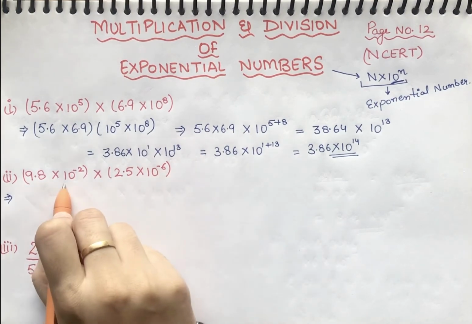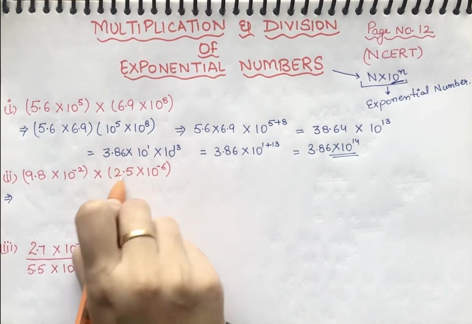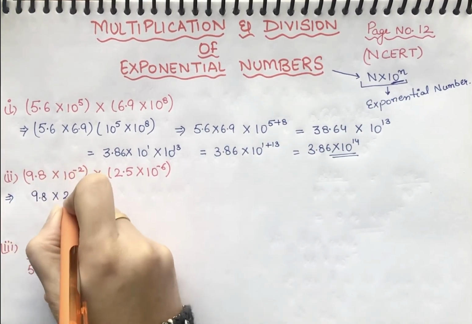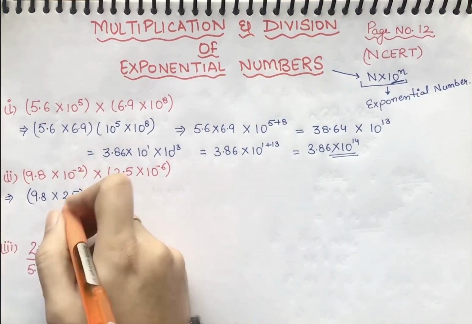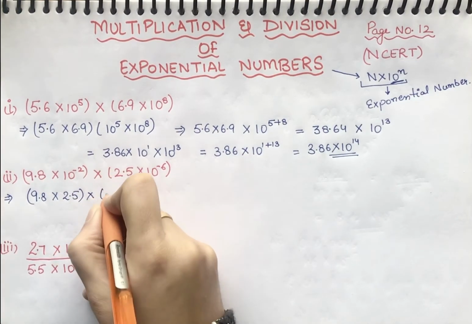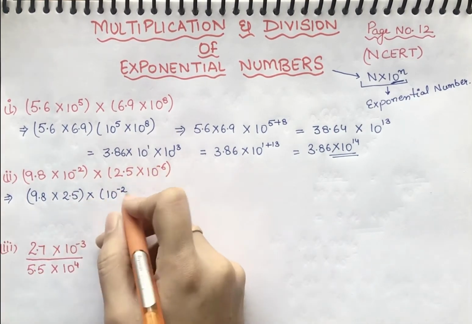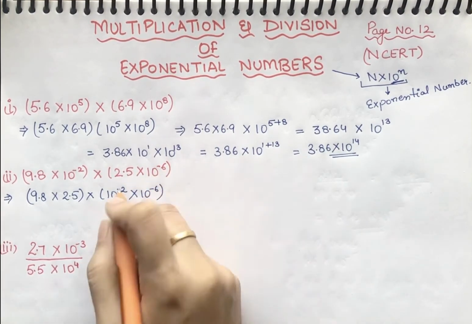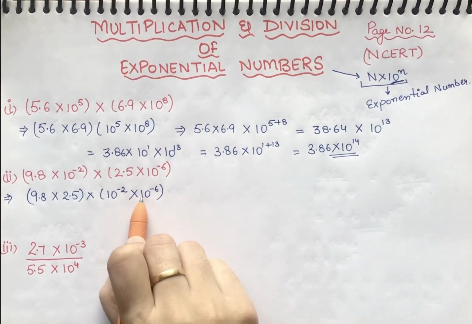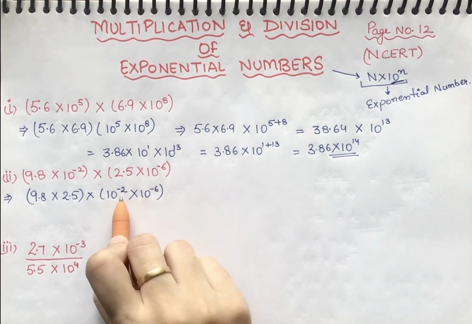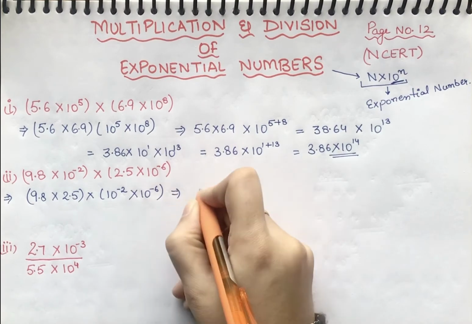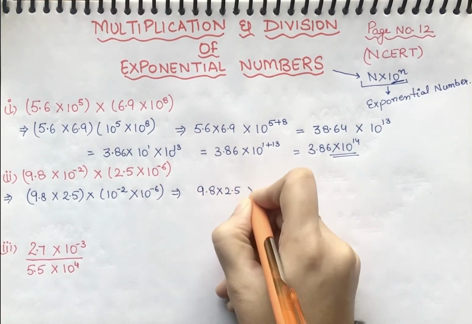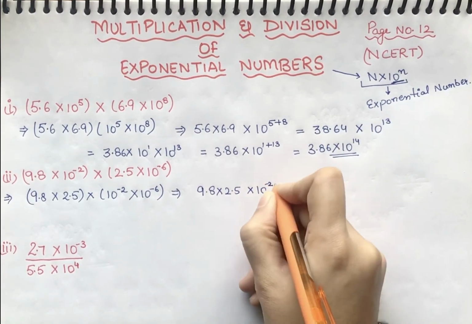First of all, I'll simply take these numbers separately, so 9.8 into 2.5, and the rest are exponential values, 10 raised to power minus 2 into 10 raised to power minus 6. Now the powers are in multiplication, so I'll simply add these powers. So I can write 9.8 into 2.5 into 10 raised to power minus 2 minus 6.